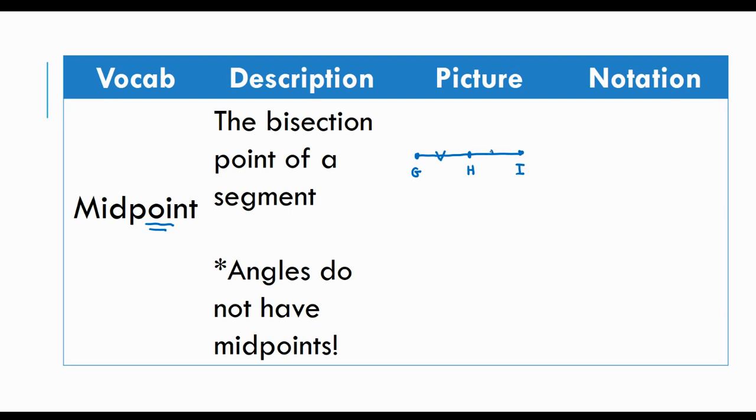So here is a different type of tick mark indicating that those two smaller segments, GH and HI, are congruent. So this time I would say that H is the midpoint, and I'm going to abbreviate midpoint like this. So there's my little abbreviation for the word midpoint. H is the midpoint of the segment GI.